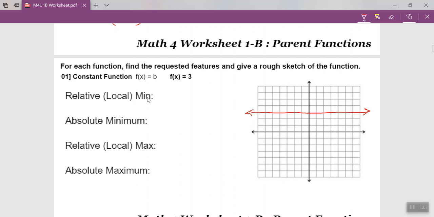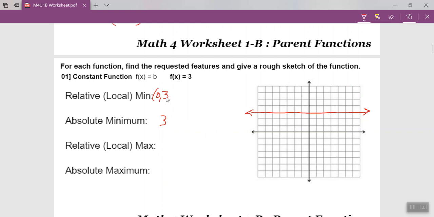The relative local min, well, the minimum and the maximum are all going to be the same thing here. They're all going to be 0, 3.